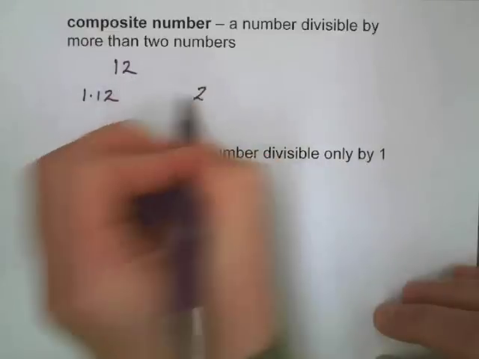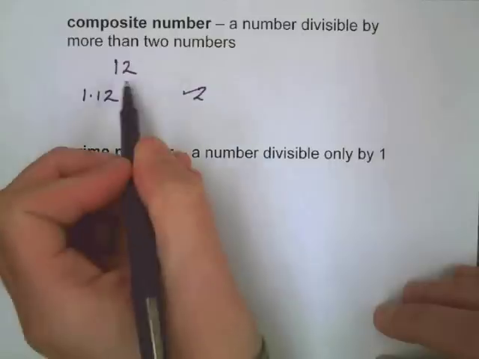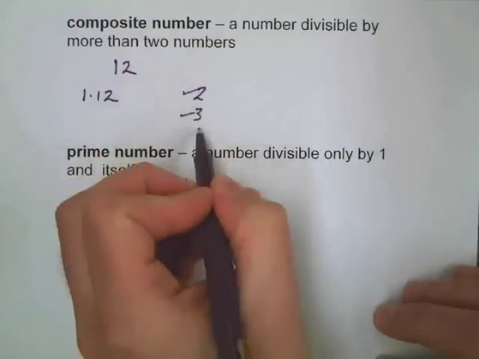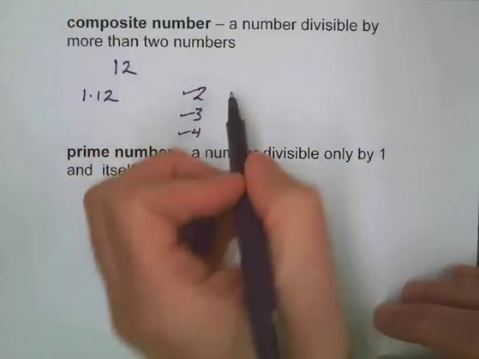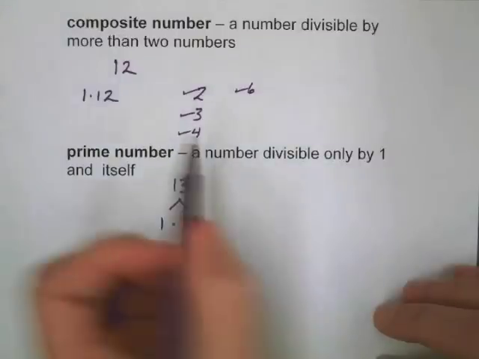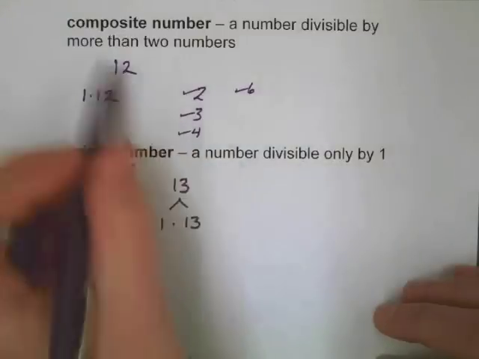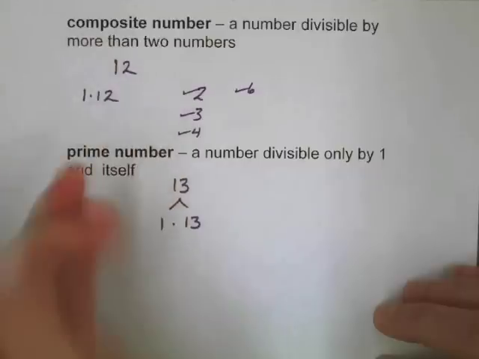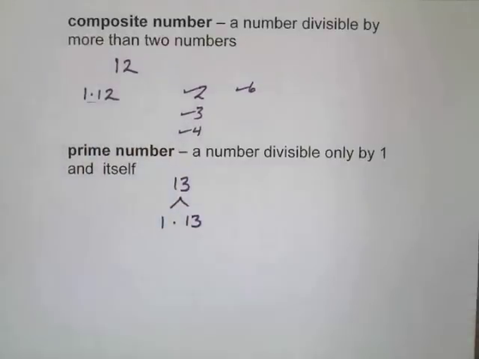It's divisible by 2, 3, 4, and 6. And if it's more than just these two, then it's a composite number. So let's take a look at a couple of examples here.